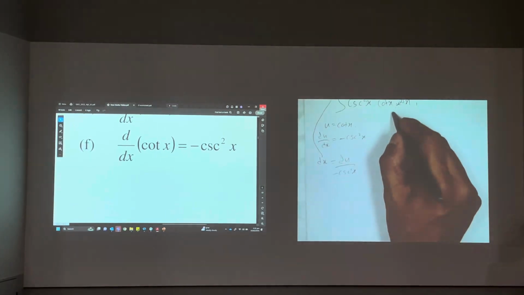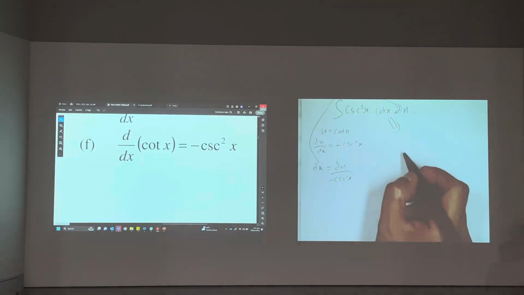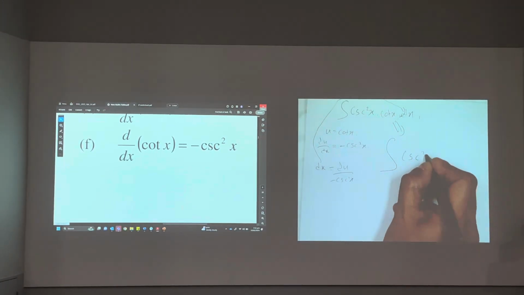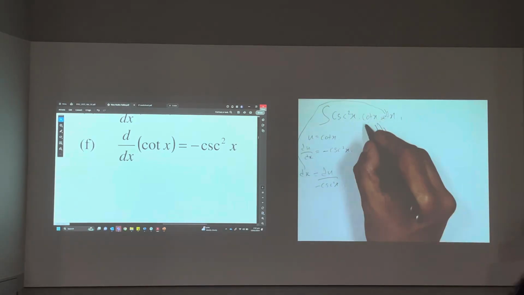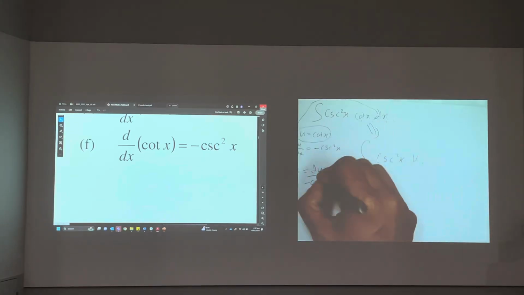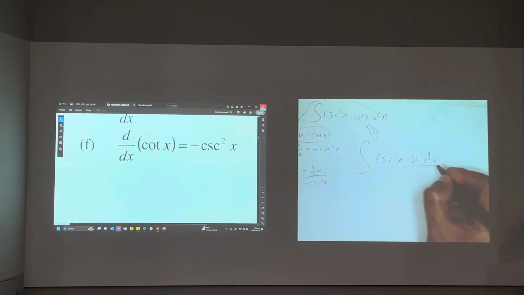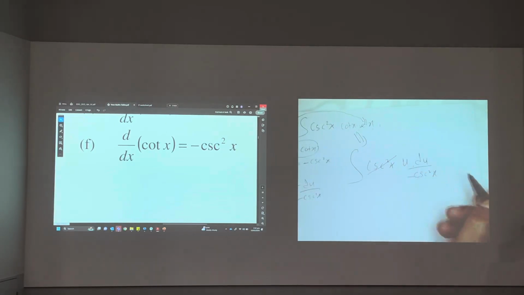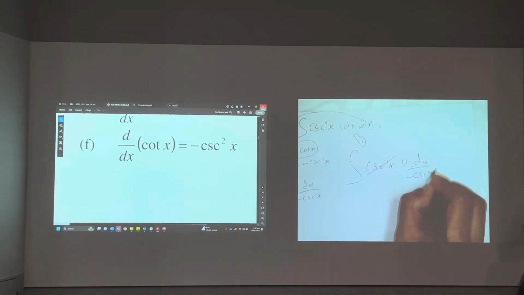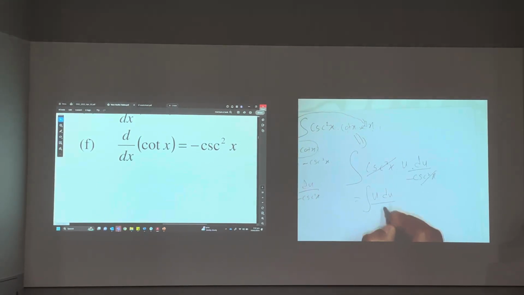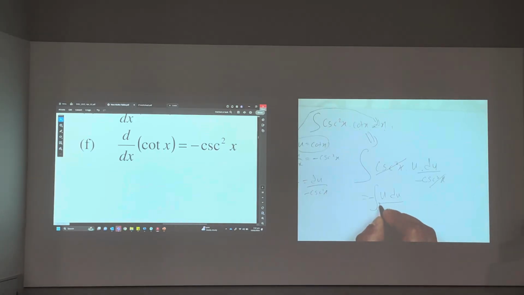Integrate cosecant square x, cot x is equal to u, and instead of dx you write du over minus cosecant square x. Cosecant square x and cosecant square x cancel. What is left is integrate u du over minus 1, so we just take minus 1 out of the integral.